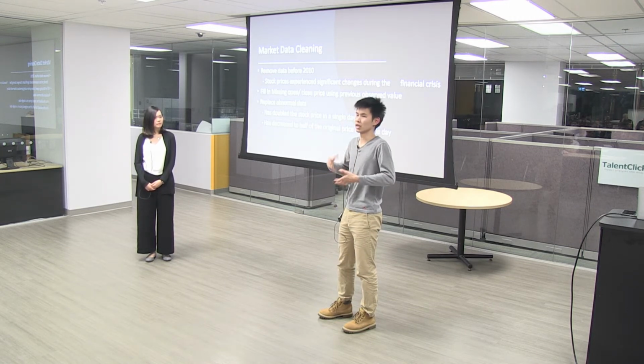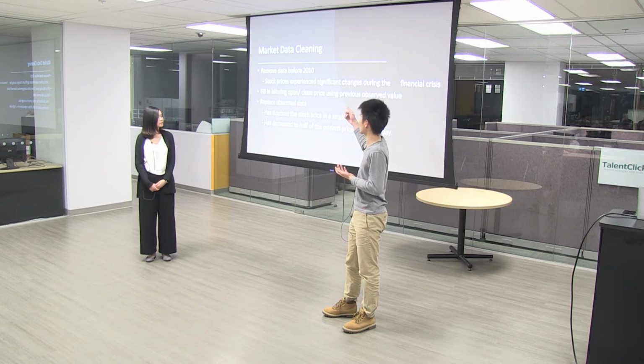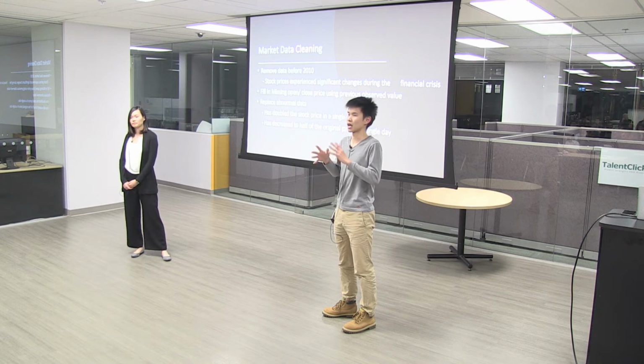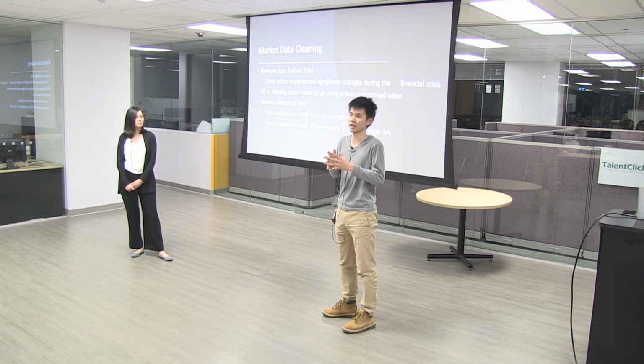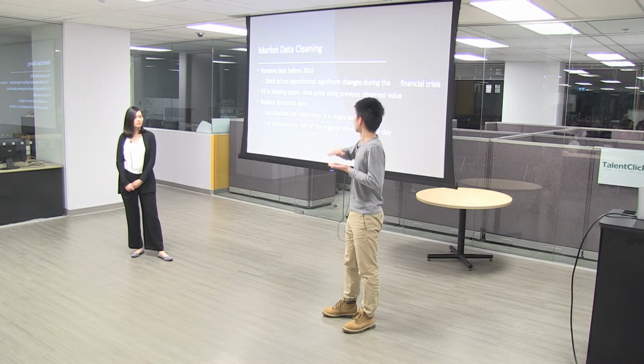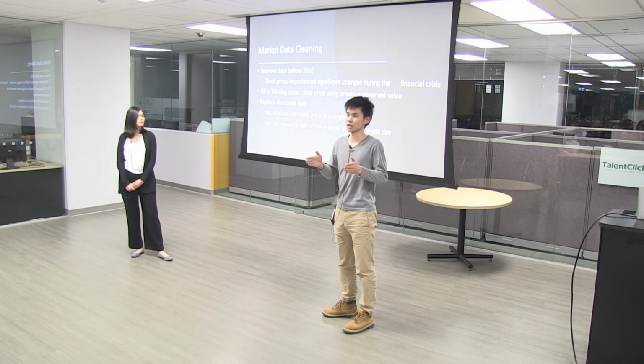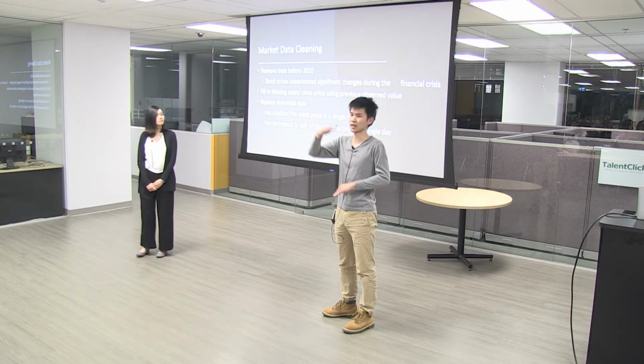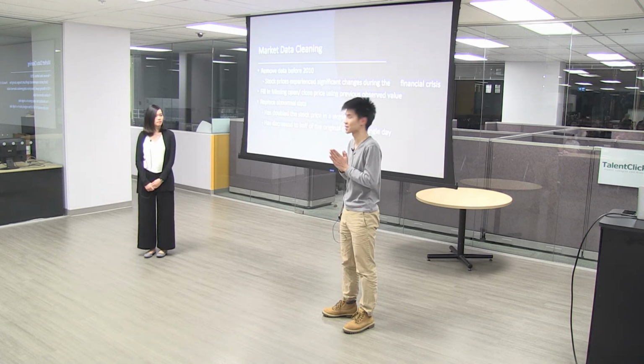But if we include the data between 2007 and 2010, I consider that it will affect our prediction, because during that period many stocks' prices went up and down a lot and fluctuated by a very considerable amount.